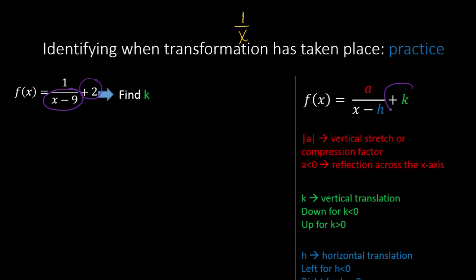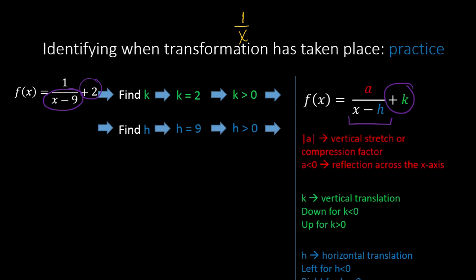Let's start with k. Notice that 2 is positive, and if 2 is positive, we move upwards. We're going to move upward 2 units. Now what about h? I've already got x minus 9 written in the correct format. It's already written as a subtraction. So h is equal to 9. If h is positive, we move right. So when we combine those, we're moving 9 units to the right and 2 units up.